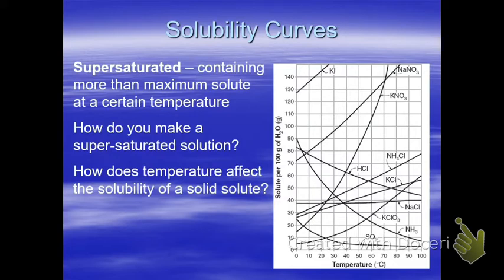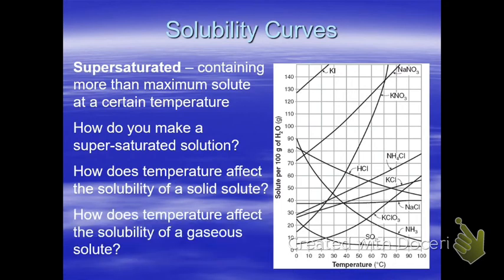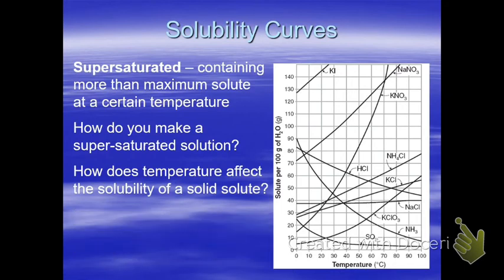So pick any one that you like that has a positive slope. I mean, ammonium chloride, potassium iodide, potassium nitrate, sodium nitrate, all of these are solid solutes. So think about it. As temperature goes up, the solubility increases.